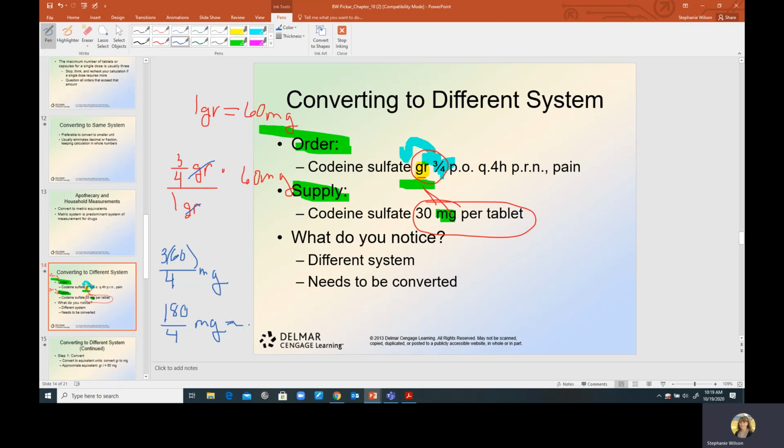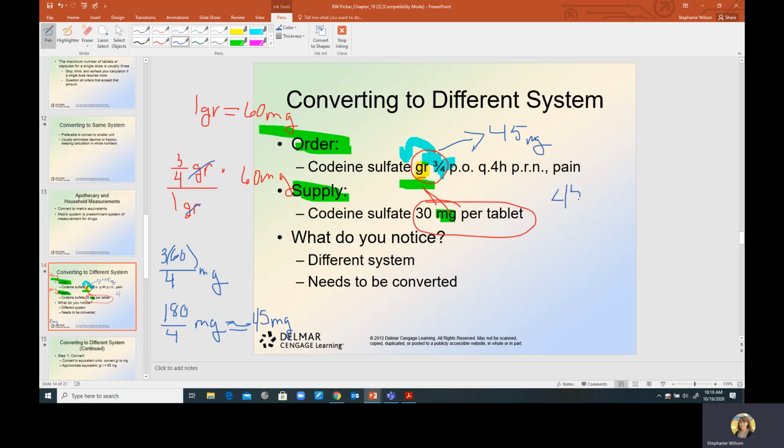Guys, if you ever do this part, don't round, okay? You don't want to round until the final answer because it can change everything. So now we know that this is 45 milligrams. We know that 3/4 grain is equivalent to 45 milligrams. Now it's in the unit we want.